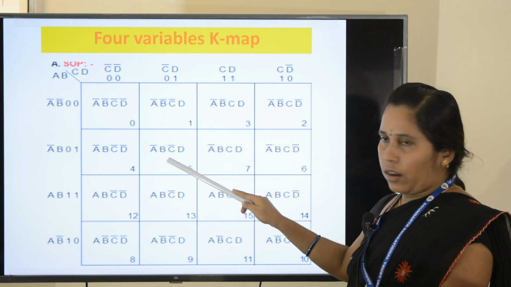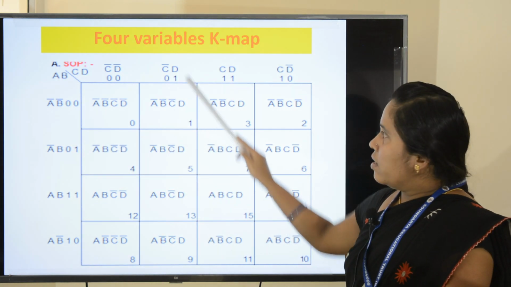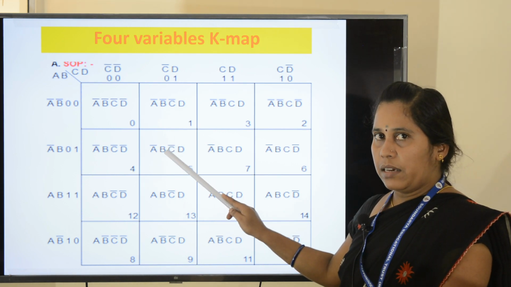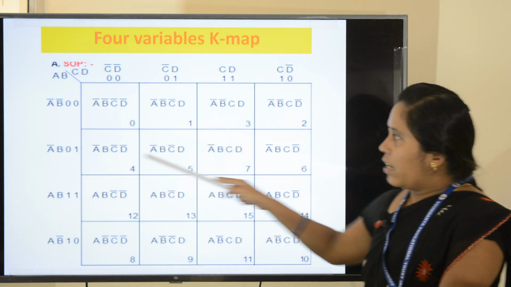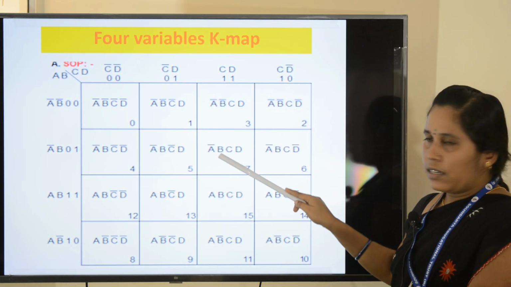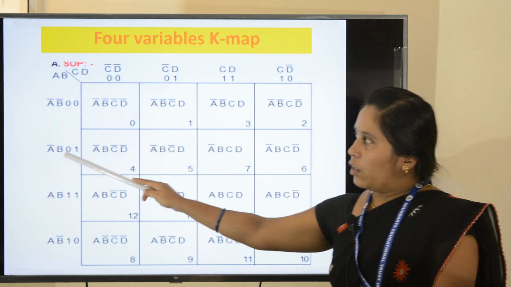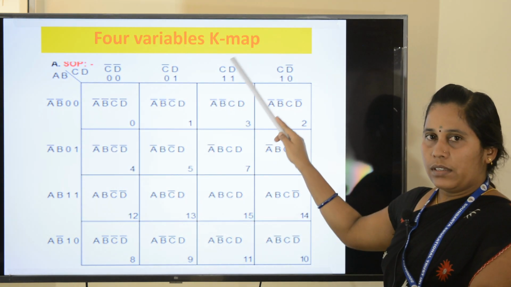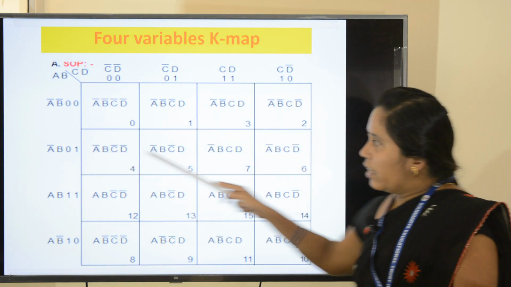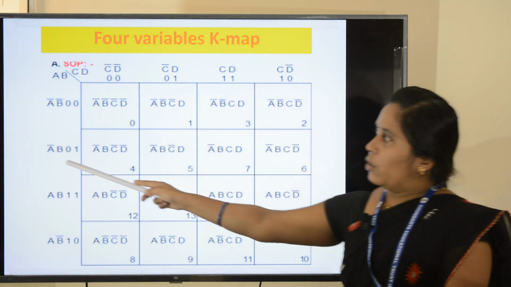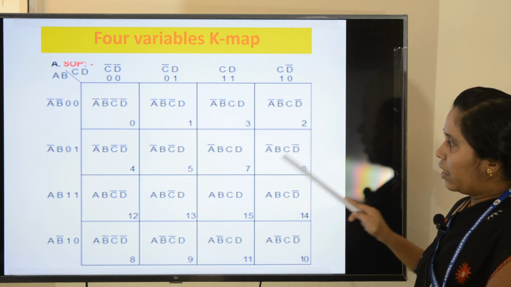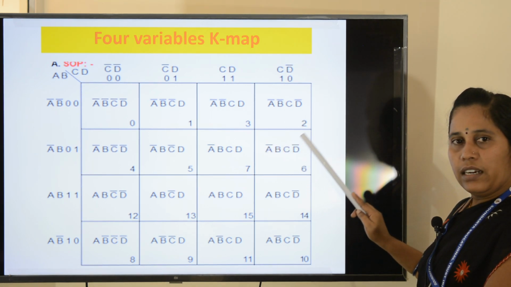Second row, second column: the second row is A bar B, the second column is C bar D, so the minterm is A bar B C bar D. Second row, third column: A bar B and C D, so it is A bar B C D. Second row and fourth column: A bar B and C D bar, so the minterm is A bar B C D bar.